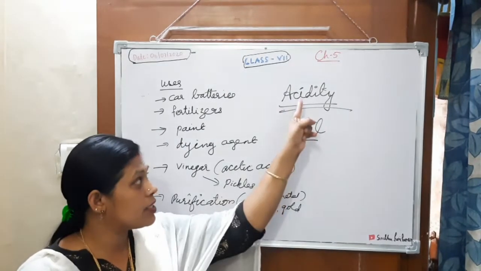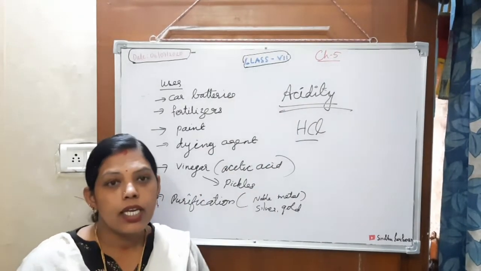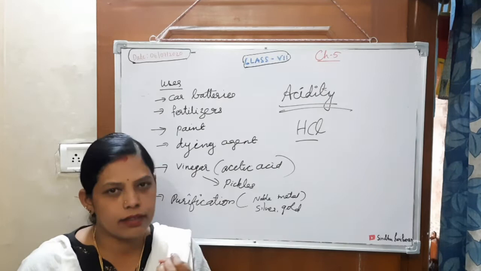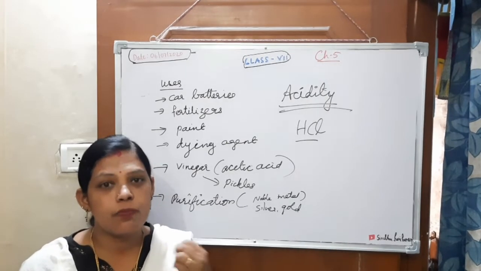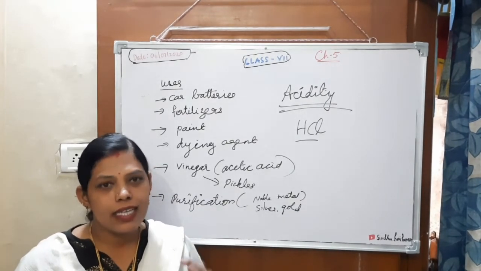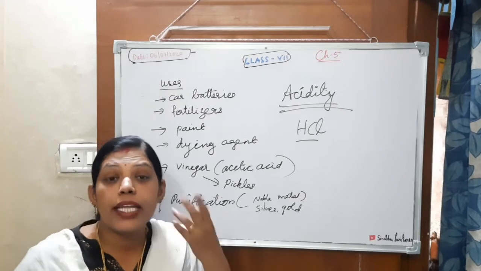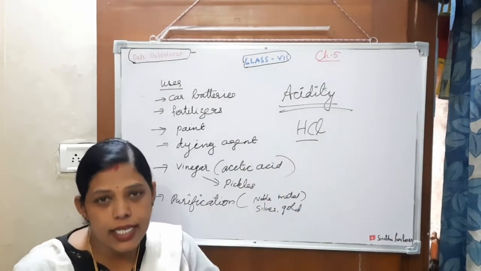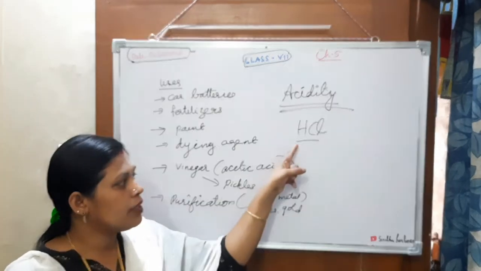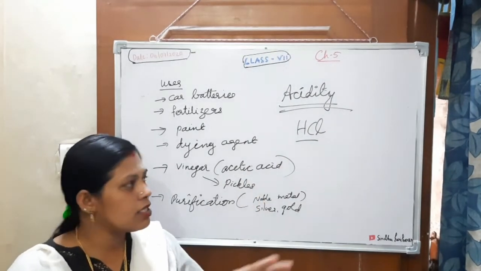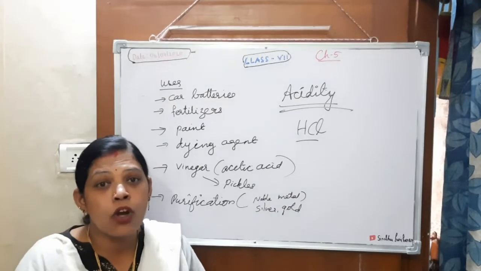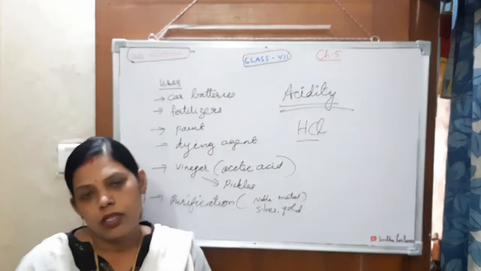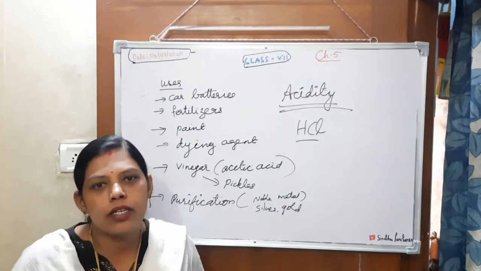But sometimes how does this acidity happen? If we are overeating, or eating many spicy foods, or even sometimes if we are not eating anything. If you are eating spicy food, it also contains acid, right? And then that mixes with this, and its concentration becomes strong. Then it will start to burn in your stomach.